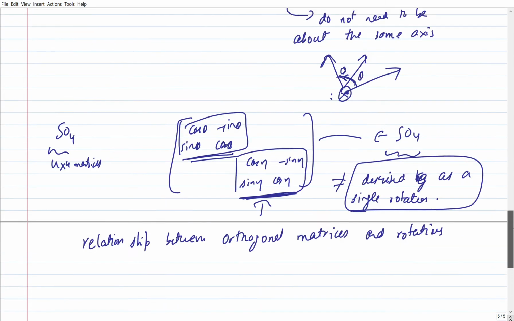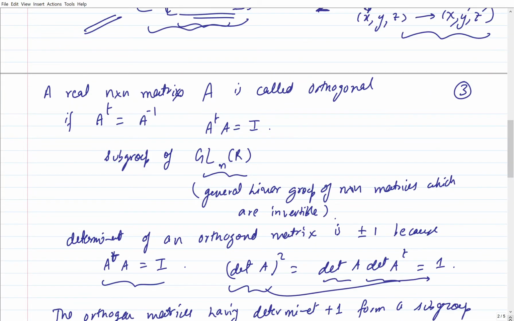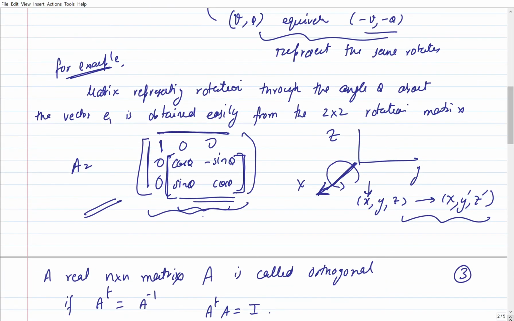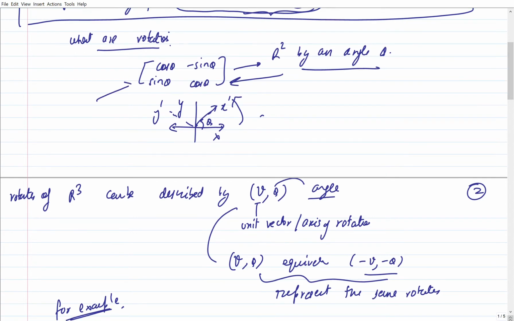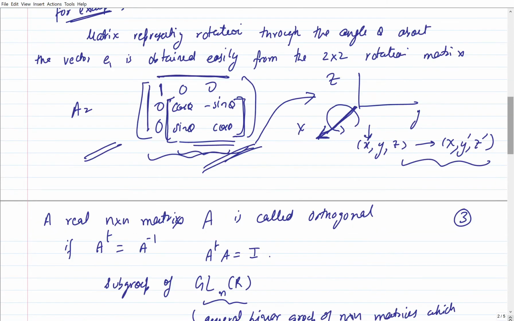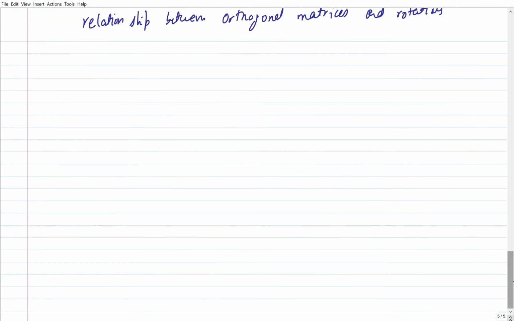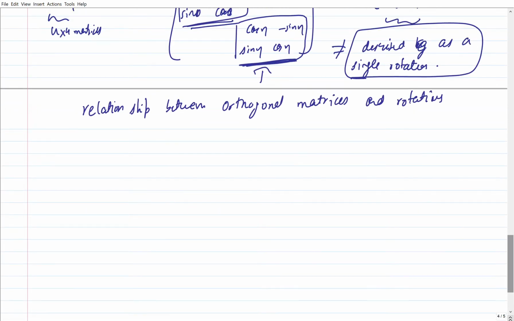Notice we already had one example where we had a glimpse of it. These guys, if you check, are orthogonal matrices and they were basically rotations. Same with this particular guy out here. But in general, what is the connection between rotations and orthogonal matrices?